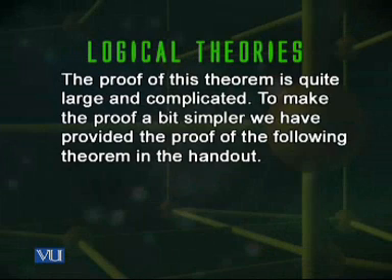To make the proof a bit simpler, we have provided the proof of the following theorem in the handout. This theorem that we are going to prove is going to be slightly weaker than the one that I have stated. In number theory, we have two operations, plus and multiplication.